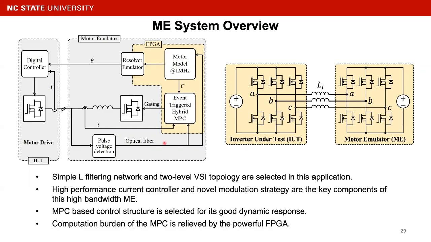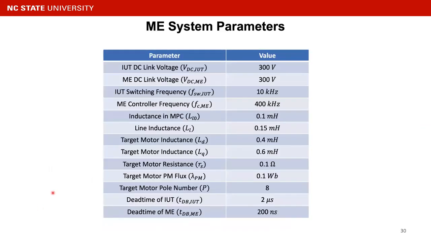Model predictive based control structure is selected for its good dynamic response. And the computation burden of the MPC and the motor model is relieved by the powerful FPGA. And here are the system parameters for our motor emulator system.